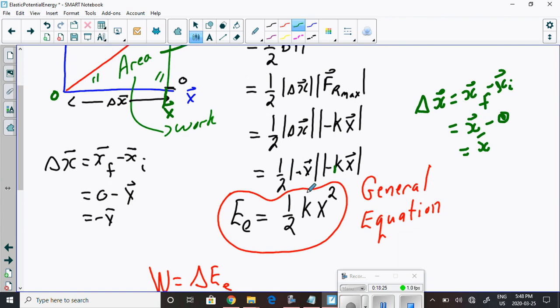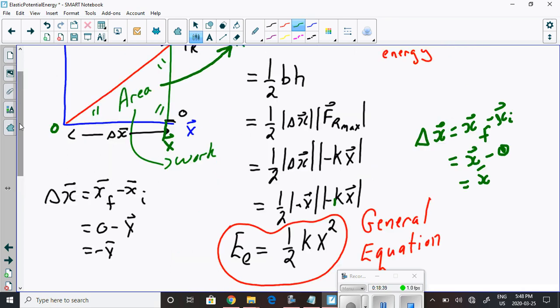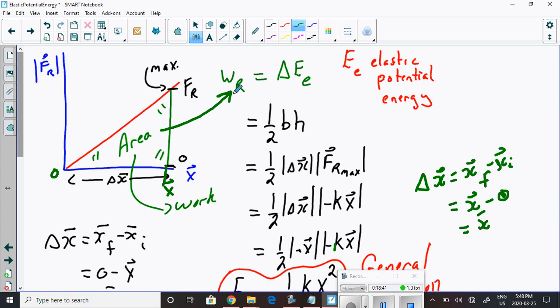The k, the spring constant, stays, but the x times x gives me x squared, all very much a scalar equation. So remember, if we go back up to the top, we're calculating the work done by the restoring force, but we're also calculating the elastic potential energy.